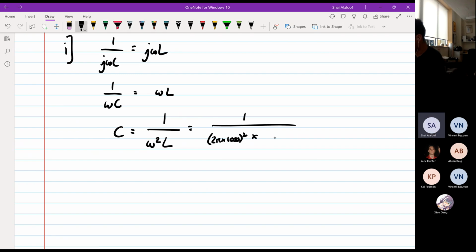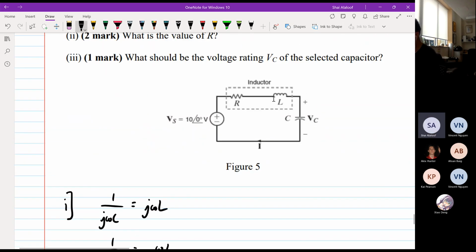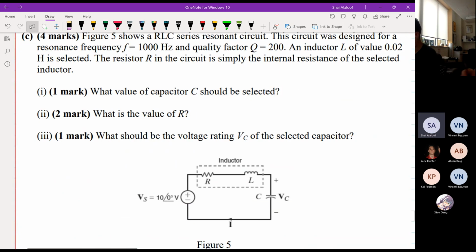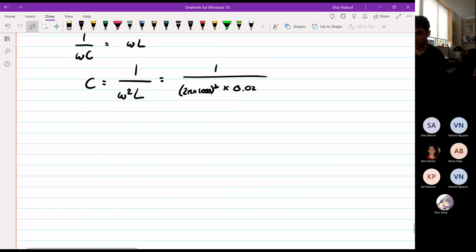And the inductance was 0.02. So that gives you 1 on 2 pi times 1000 whole squared times 0.02. So that gives you a value of 1.27 microfarads. There you go.